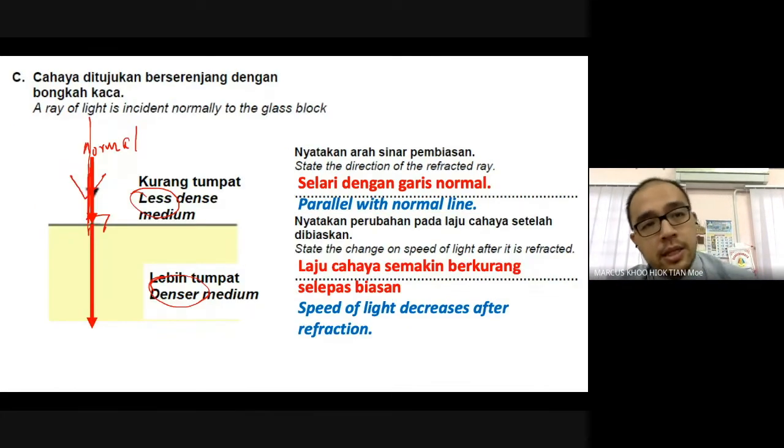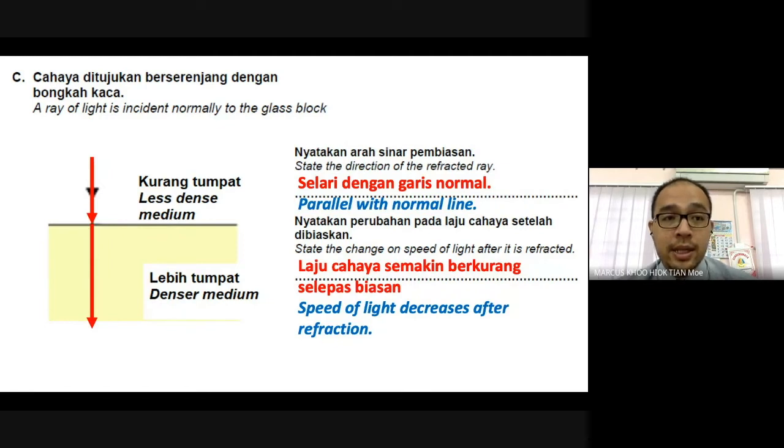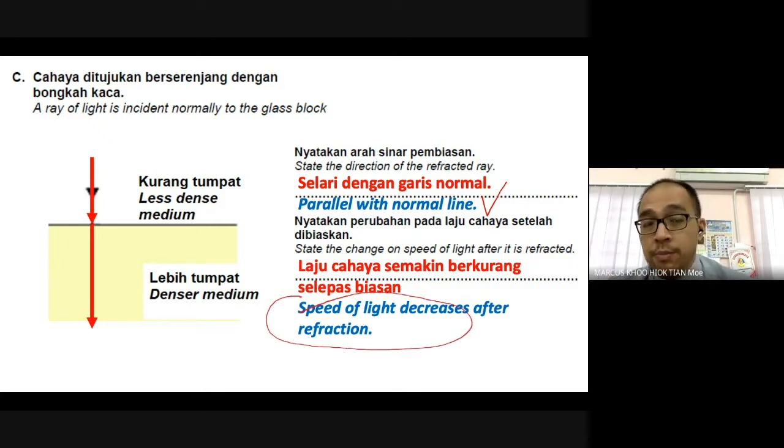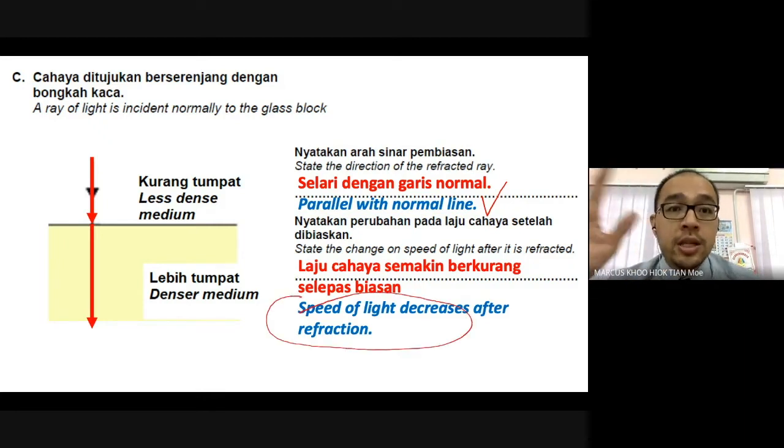Okay, C is if the light is parallel to the normal line, means it is at the same line as the normal line, like this. And so we find that if it is in the same line as the normal line, the refracted ray is also going to be parallel with the normal line. That's the important thing. But even though it is parallel with the normal line, the speed of the light will still decrease because you cannot change this rule.